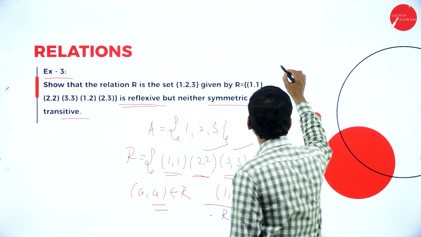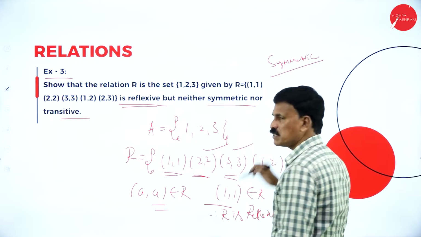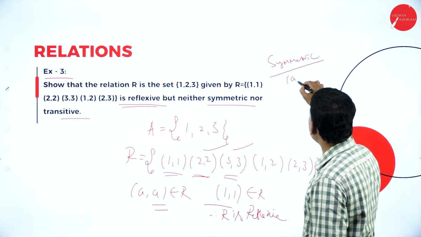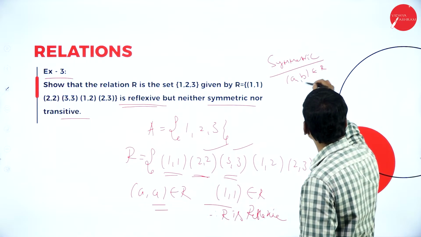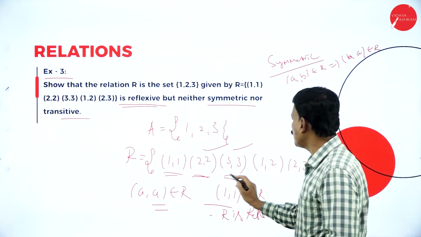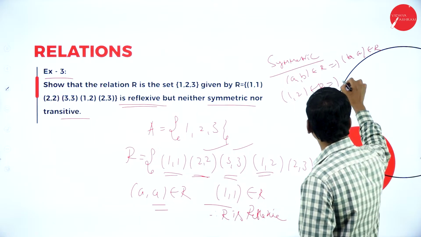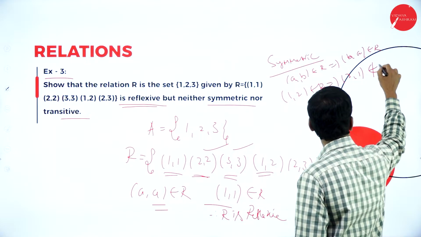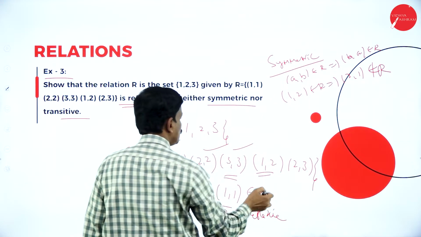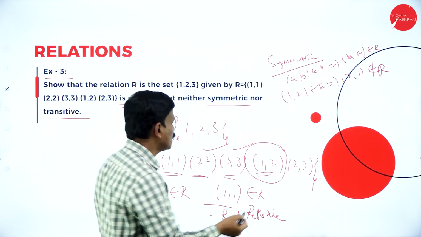Now, verify the next property, symmetric. What is symmetric? (A, B) belongs to R implies (B, A) belongs to R. Let us take (1,2). (1,2) belongs to R implies (2,1) does not belong to R. We have (1,2) here, but (2,1) is not there.